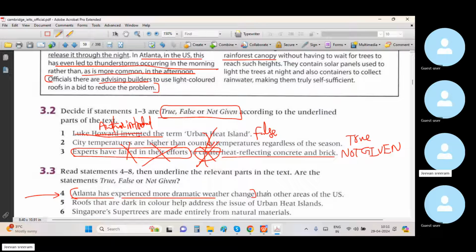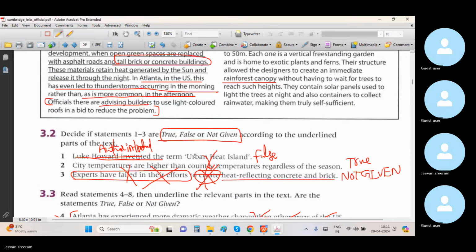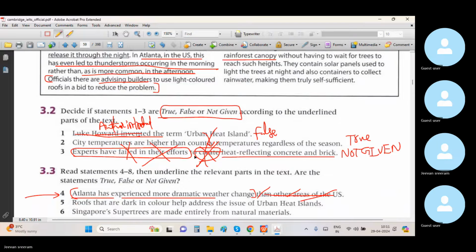But the problem with this statement is there is no comparison given anywhere in the passage with other areas of the US. Is there any comparison between Atlanta and other areas of the US? If the statement said Atlanta has experienced more dramatic weather change than previous years, then that would be correct.